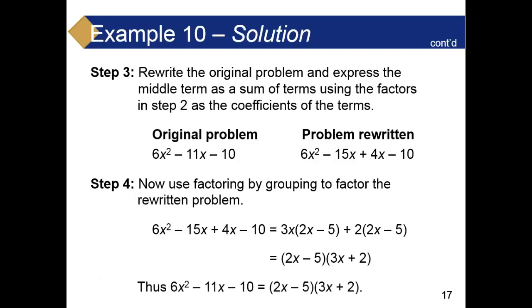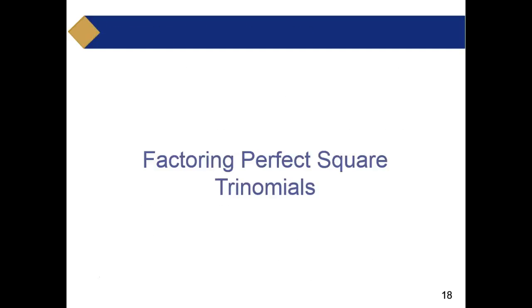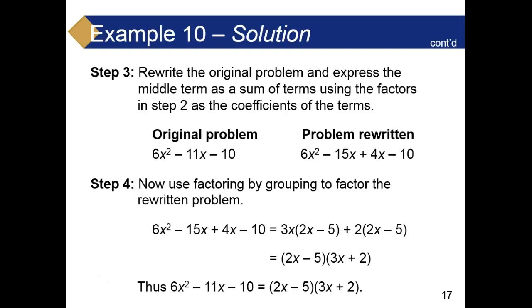And therefore, your original problem factors as 2x minus 5 times 3x plus 2. Multiply it, check it. Yep, it works. All right, that was example 10. They skip 11. Let us do 11.